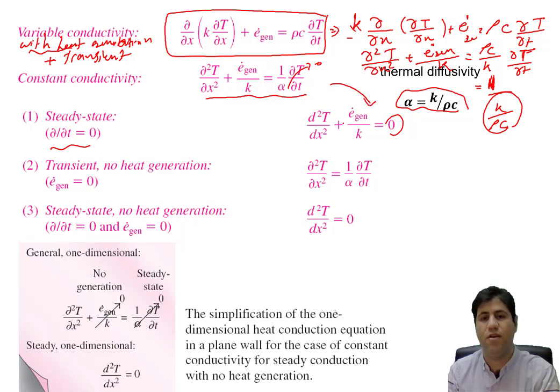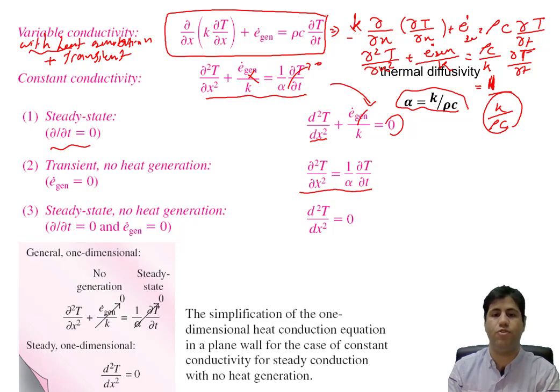We have heat generation and heat transfer, but we don't have a change in temperature with time, only with location. The other special case is transient but no heat generation. In this case, this term will be 0. We have the transient term, so this equation will be simplified like this. This term will be removed.